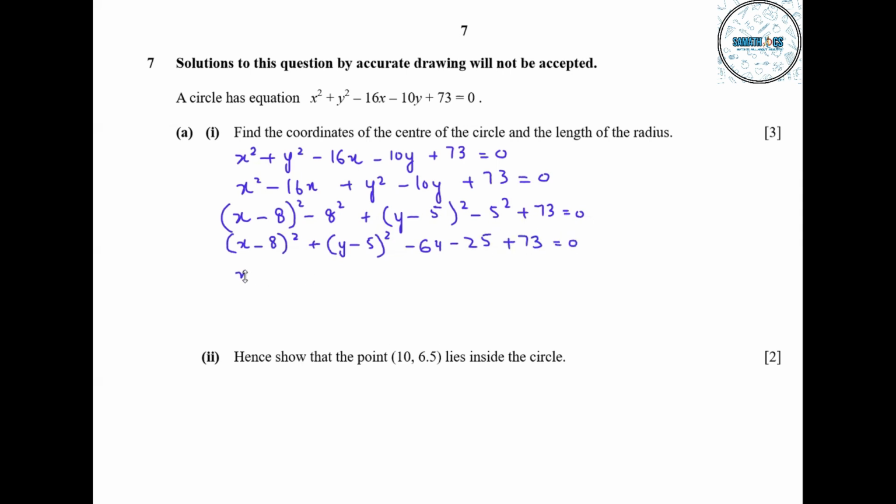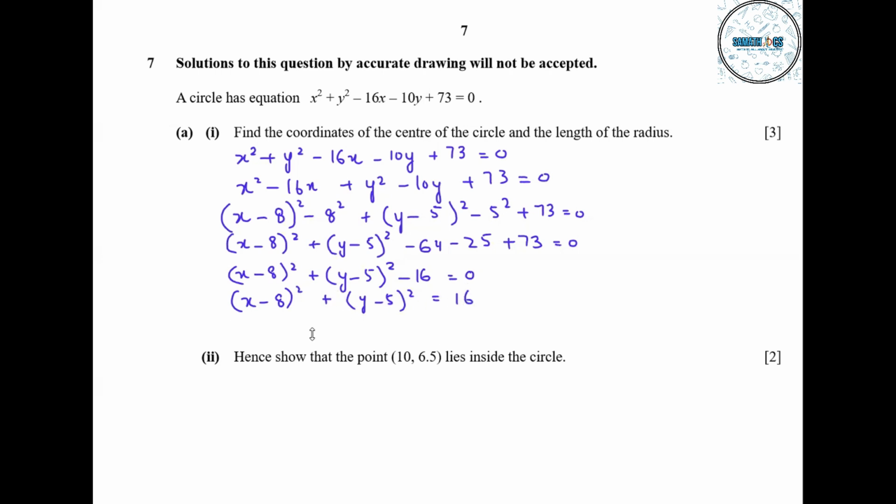So we have here x minus 8 whole square plus y minus 5 whole square minus 16 is equal to 0. So finally, we will have x minus 8 whole square plus y minus 5 whole square is equal to 16.